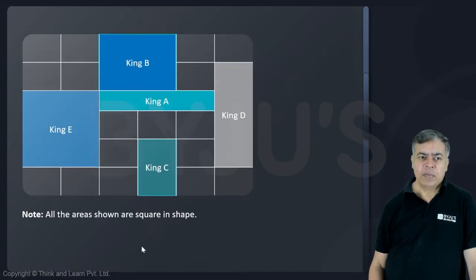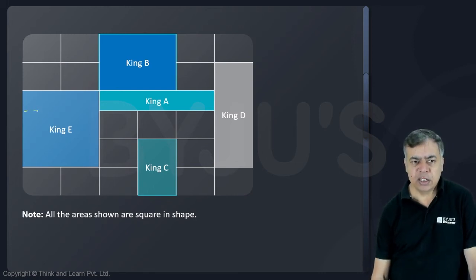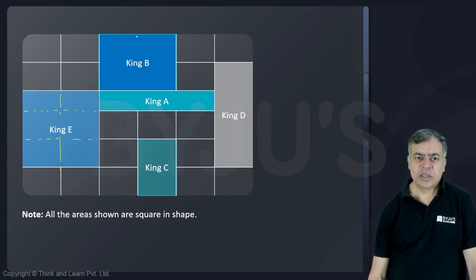This is the map, right? If I show you the particular area, that 36 squares, it is like this, right? All are squares, whether it looks like a square or not, but they are all squares. What I am drawing, I am completing the 36 squares.